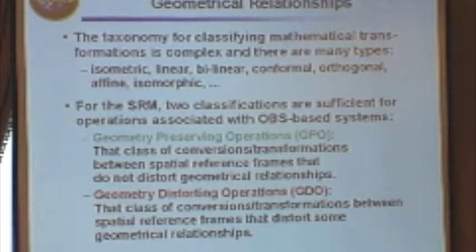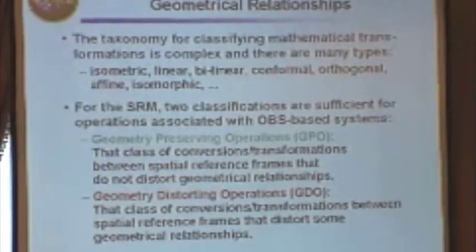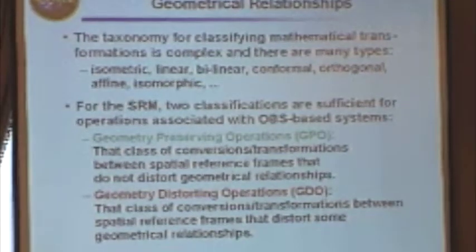What are geometry distorting operations? Well, I just gave you some. Projections all distort geometry. And if you add a third axis, makes it worse. So those are in the class of geometry distorting operations. And as you could well imagine, it isn't just stretching and misplacing, but angles aren't right anymore. Azimuth doesn't mean azimuth anymore. Elevation doesn't mean elevation. And distance doesn't mean distance anymore.